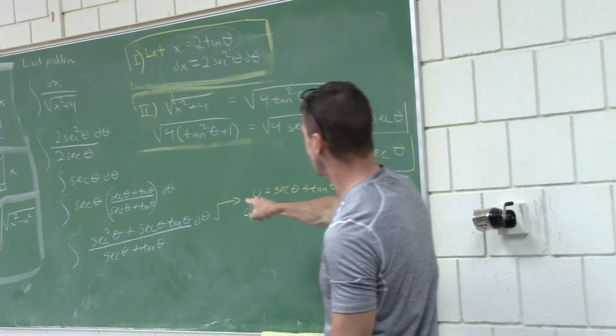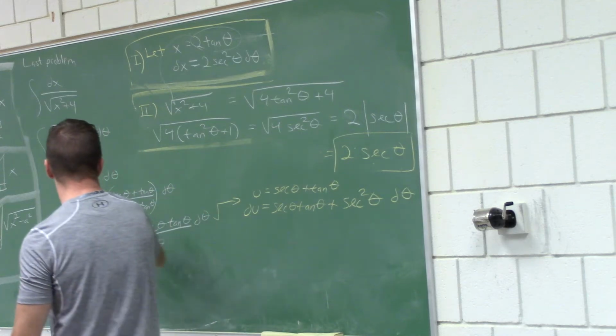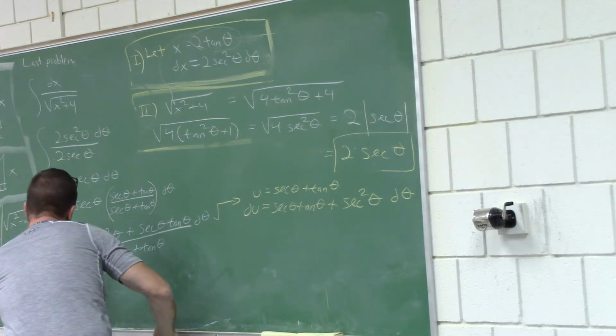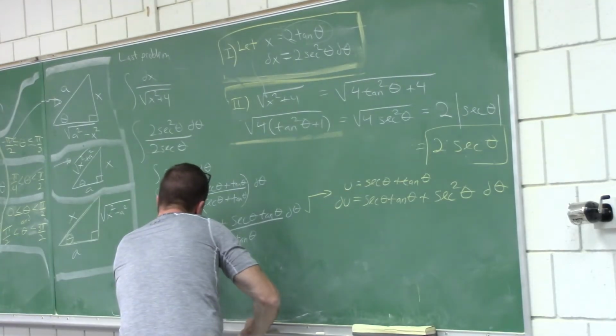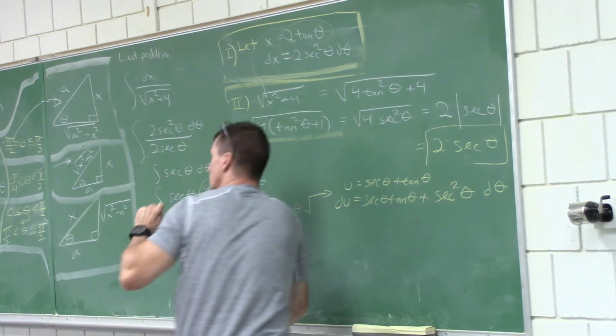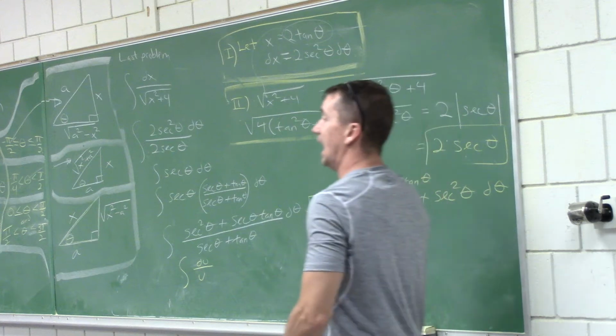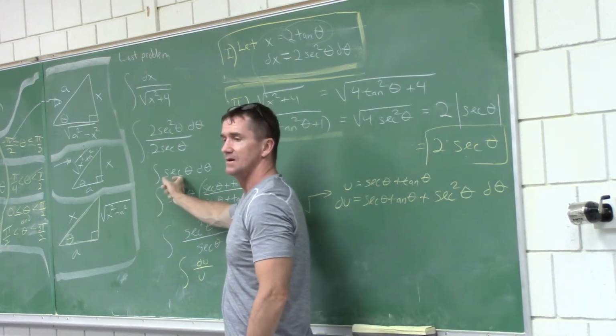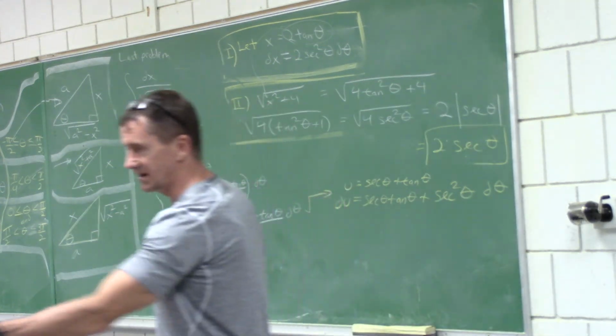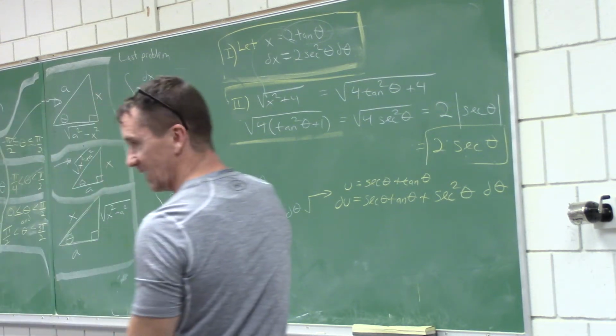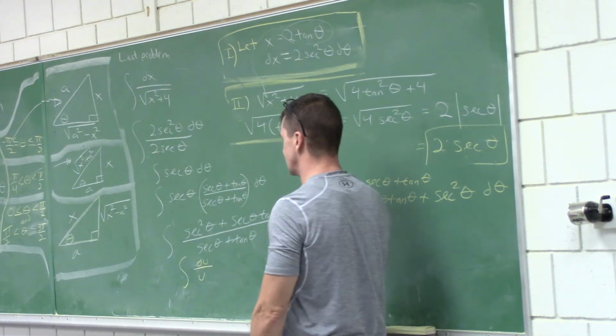What gets knocked out in the numerator? This entire numerator becomes a du, and the denominator just becomes a u. Isn't that cool? So I don't memorize this; you can if you want. But I see it coming, it looks like a natural log. That's going to be the answer to this.